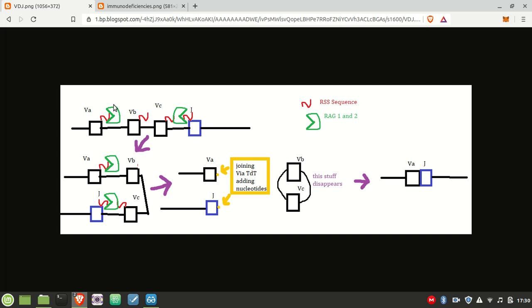And depending on where the RAG attaches to the RSS sequence, you have a different variable region that ends up getting connected to the J or to the D section. So, of course, if you have problems with your RAG sequence, you're not going to be able to do recombination super well.